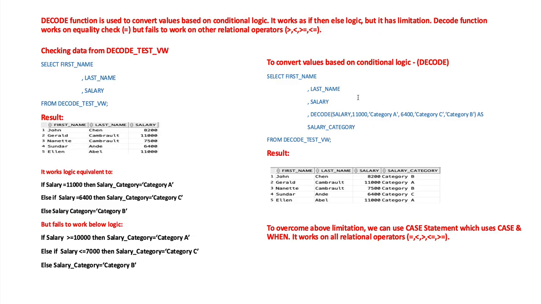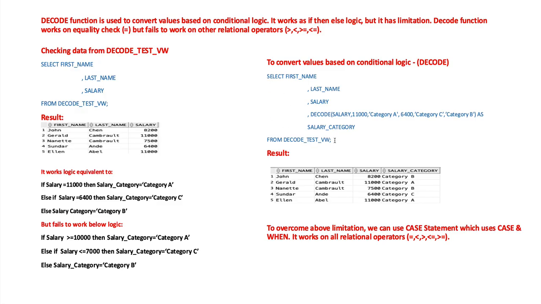If salary is 11,000, then salary category is category A. Else if salary is 6,400, salary category is category C. All other are category B. And its column name is salary category. It works perfectly fine. We are taking here from decode test view.